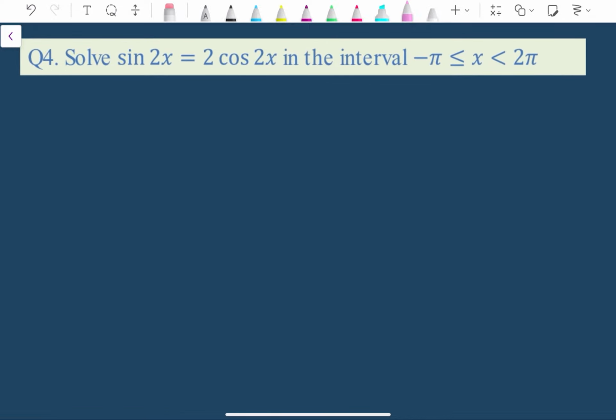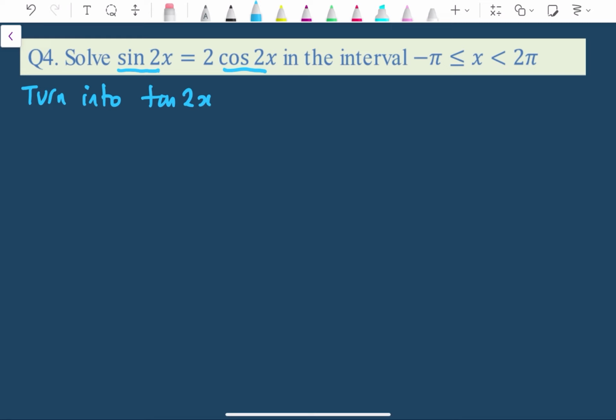Moving on, let's look at a slightly harder one. We spoke about having an equation where it's not just in terms of one trig ratio. So here I have sine and I have cosine, and in this instance, if you recall, I'm going to turn it into tan of 2x.